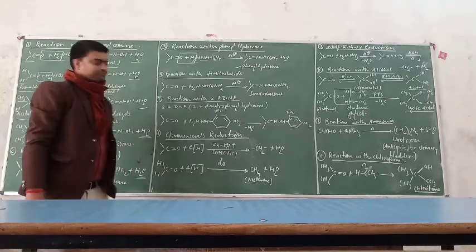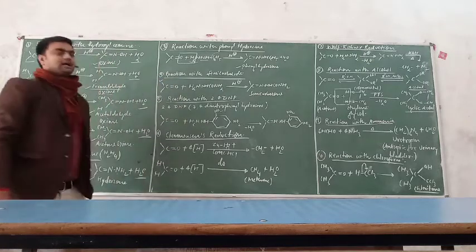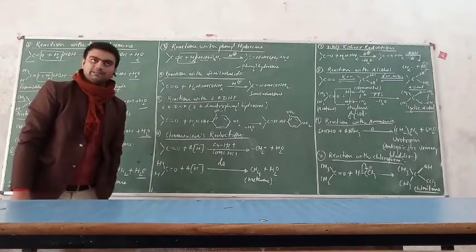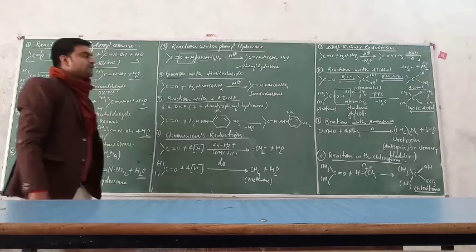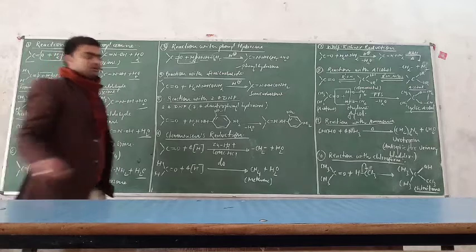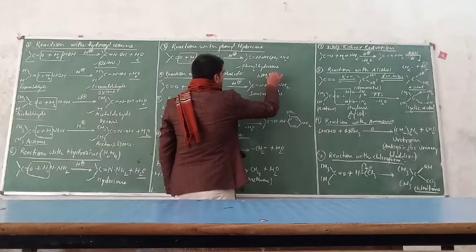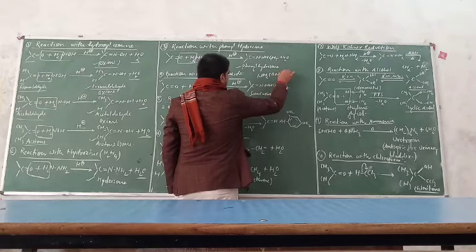Clear? Now we have to consider the reaction with semicarbazide. What is semicarbazide? You know the formula of urea is NH2CONH2. Clear?